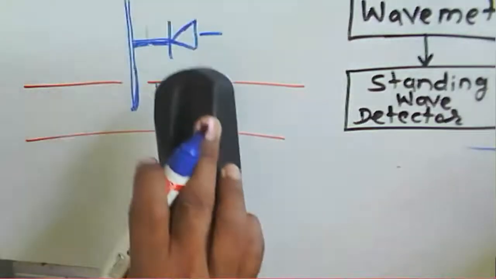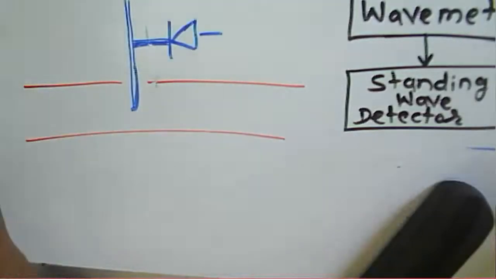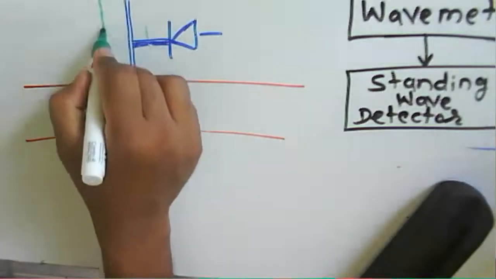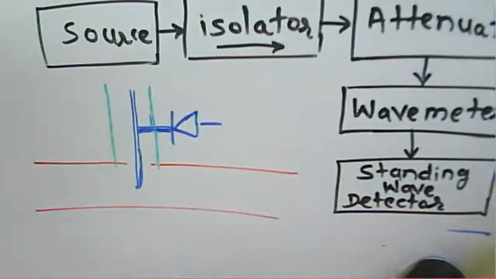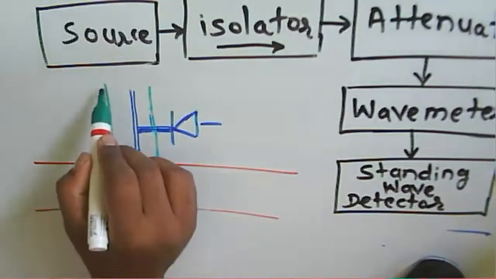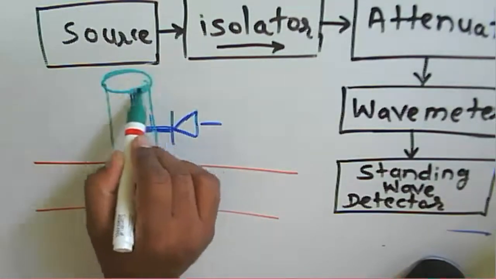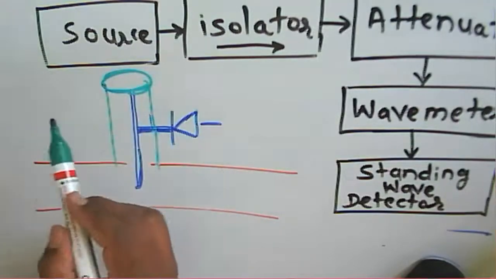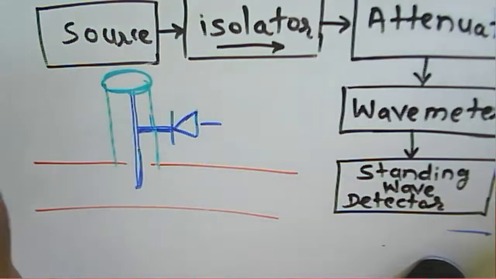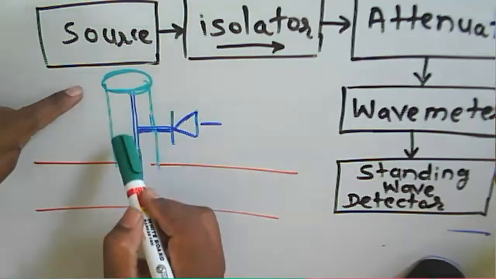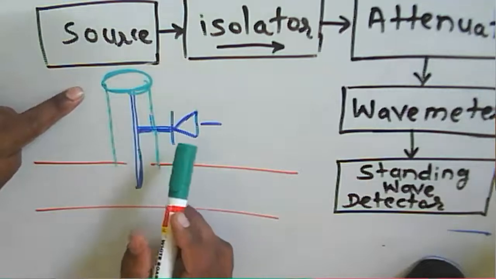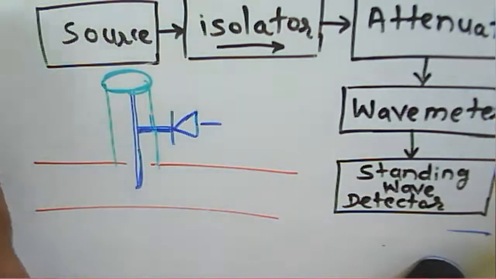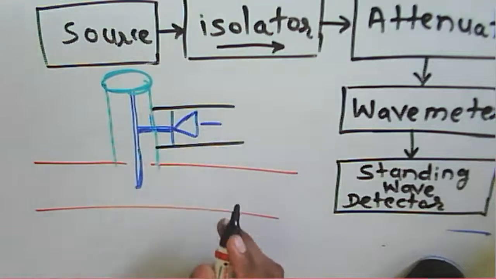Likewise, we have the setup. Consider this is the setup, and here is a small plunger, a shorting plunger, through which we can rotate or increase the depth of the probe. This is connected to our device.